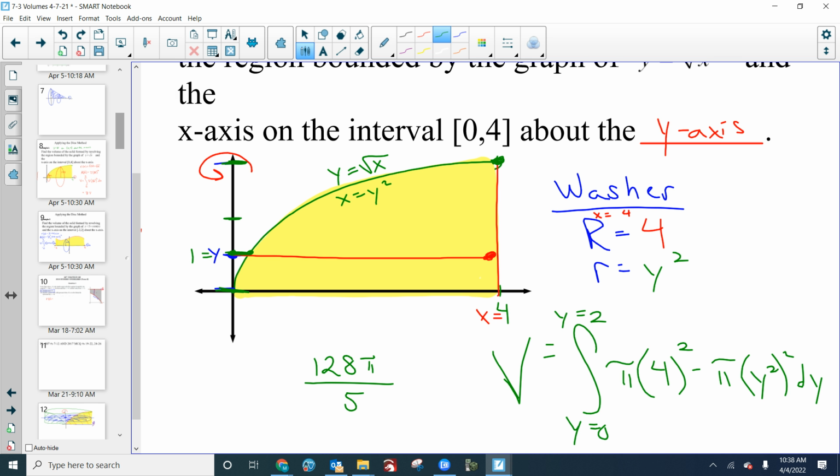It was 8 pi, wasn't it? What's greater? 128 pi over 5 is more than 8 pi. You guys agree? Yes? What is it? 128 over 8. Close to 10 times as much volume?